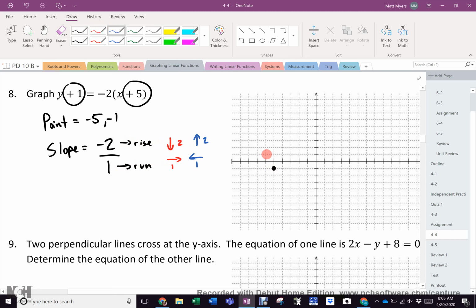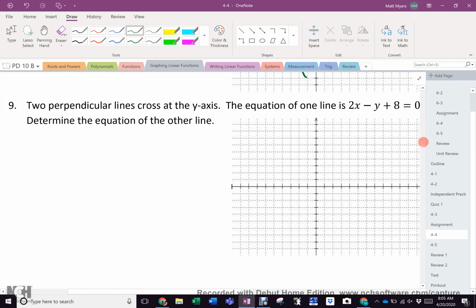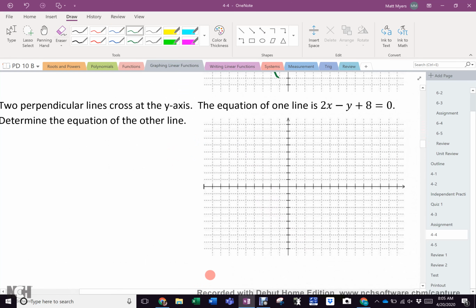So up 1, 2, and left 1, or down 1, 2, and right 1. And there's my line. Easy peasy, right?